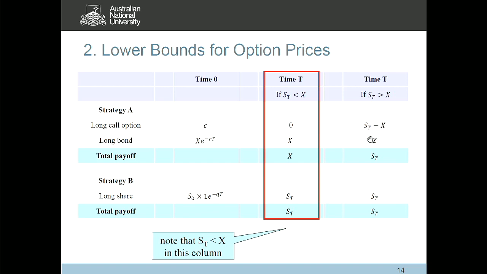So if you sum up this column, you get ST. We see that when the share price finishes high, A is just as good as B. And if the share price finishes low, then portfolio A is superior to B, because in this column ST is smaller than the strike price X, so portfolio A is bigger than portfolio B in that situation.